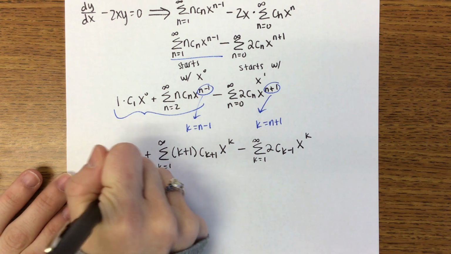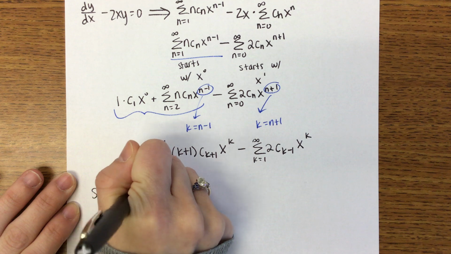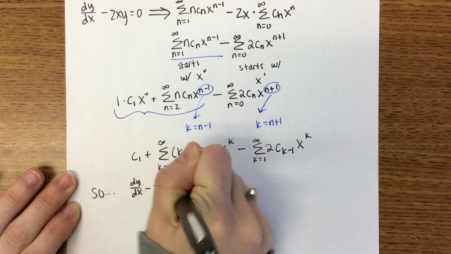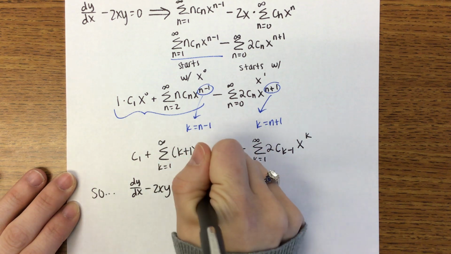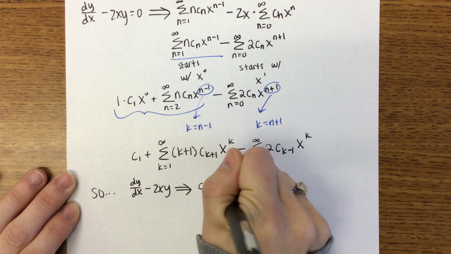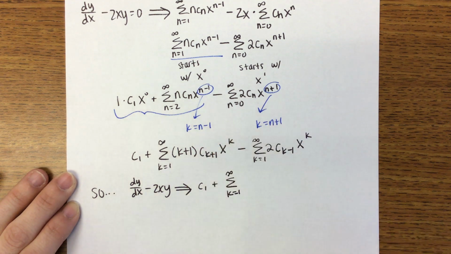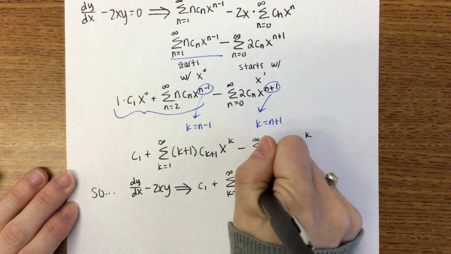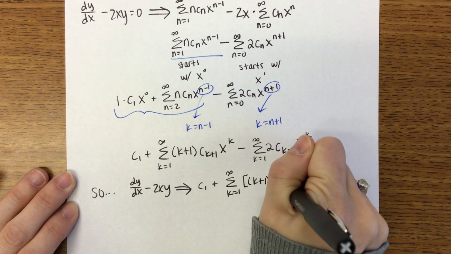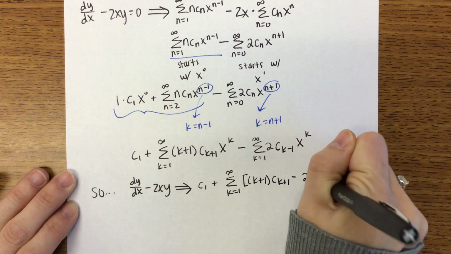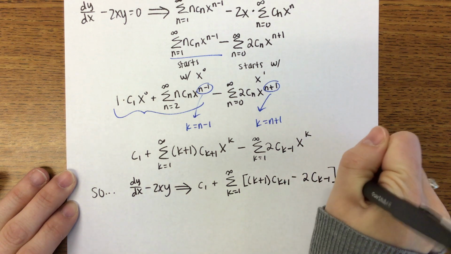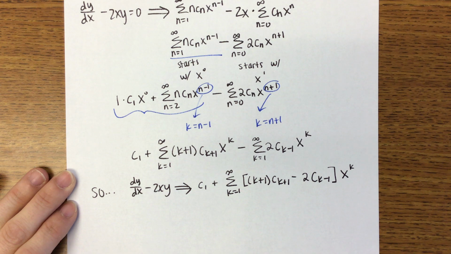So what this gives us is that the differential equation dy/dx minus 2xy becomes c_1, plus the summation from k equals 1 to infinity of (k plus 1) c_(k+1) minus 2c_(k-1), with x to the k factored out.